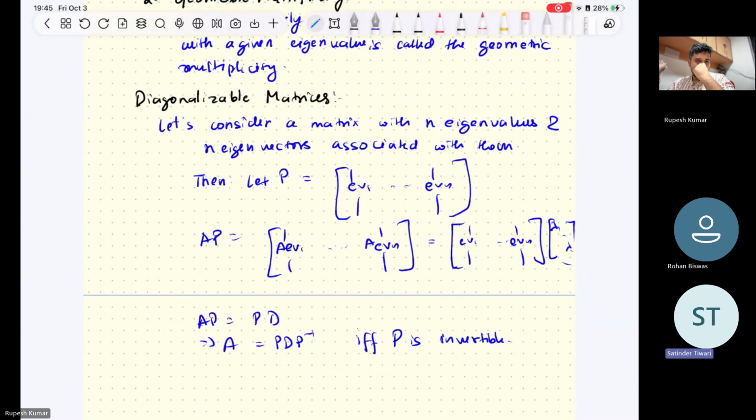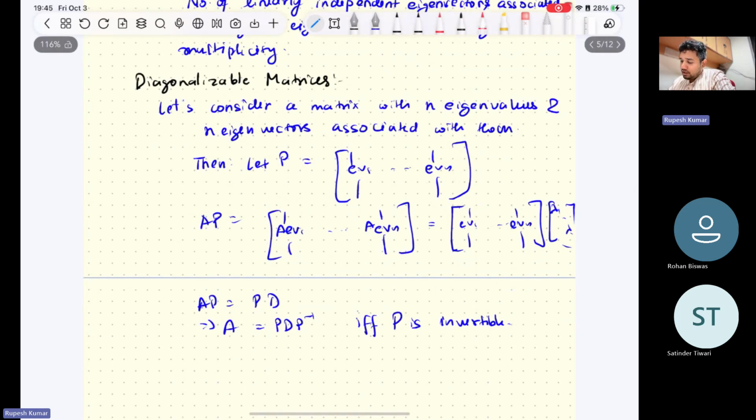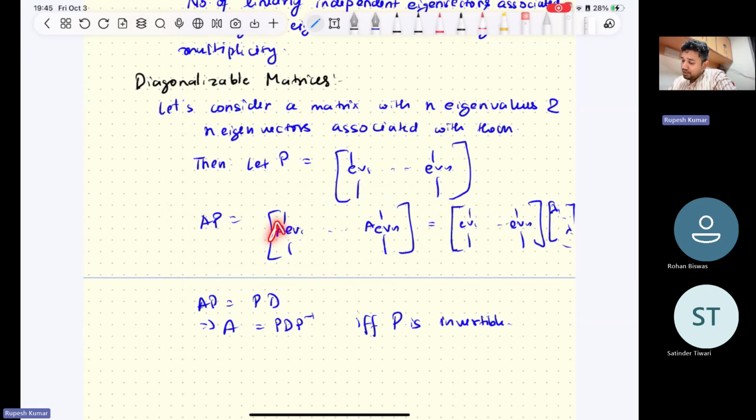Now, let's say we have a matrix P that contains all the eigenvectors as its columns. Then we can always say that AP equals A times the eigenvectors. Can you see this pattern here? AP equals A into eigenvector 1 as the first column, up to A into eigenvector n as the last column. Is this clear, everyone?